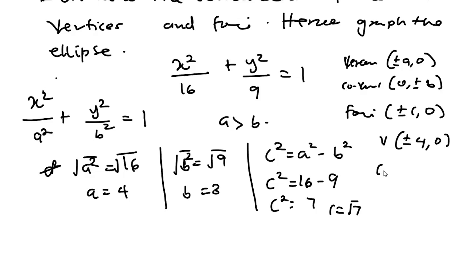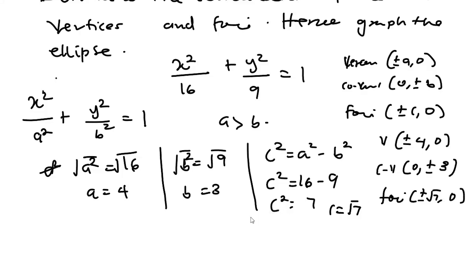Then our co-vertex will be 0, plus or minus the B there, which is 3. Then we have the foci being plus or minus root of 7, 0.